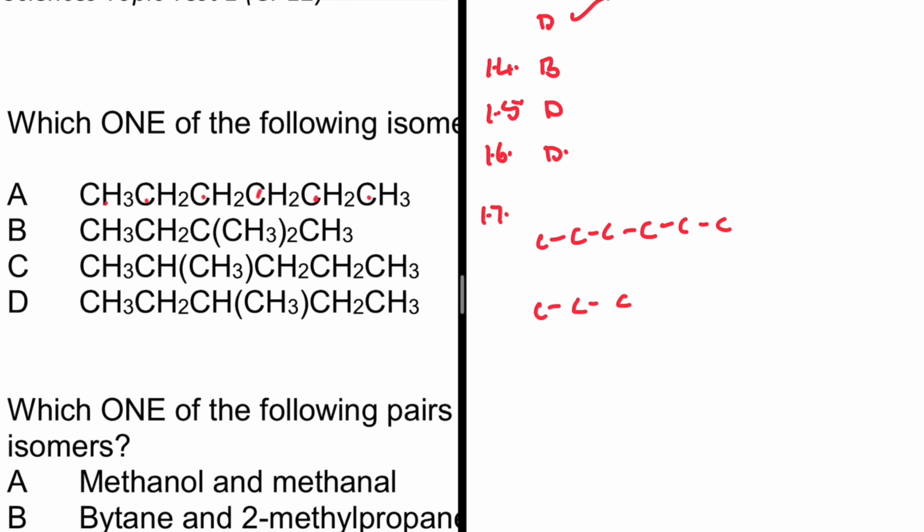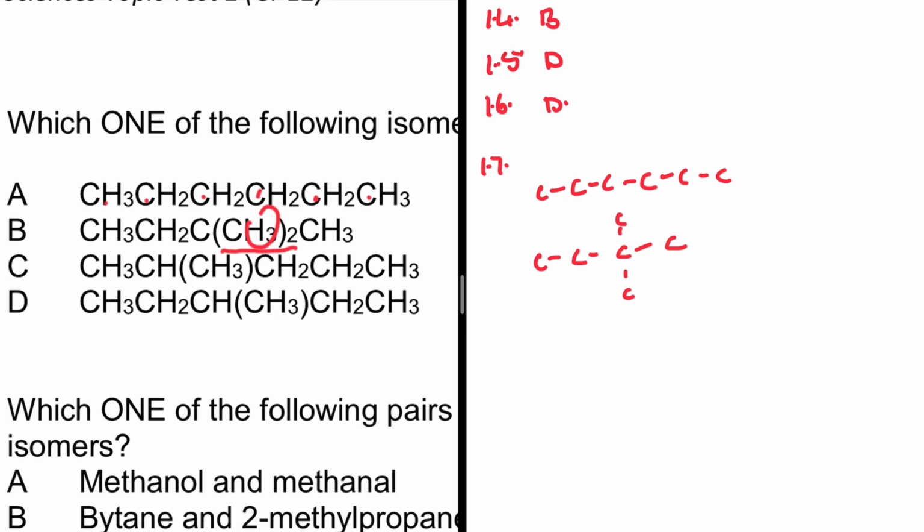And then this right here is a branch, right? 2 branches to be specific. Why do I say 2? I'm saying 2 because it's CH3. So it can only be a branch. It cannot be part of the chain, because where can you fit the 3 carbons, 3 hydrogens in a carbon and have 2 other carbons attached to it? So that is a branch. So we have 1, 2, right? Followed by a carbon. So that is B.